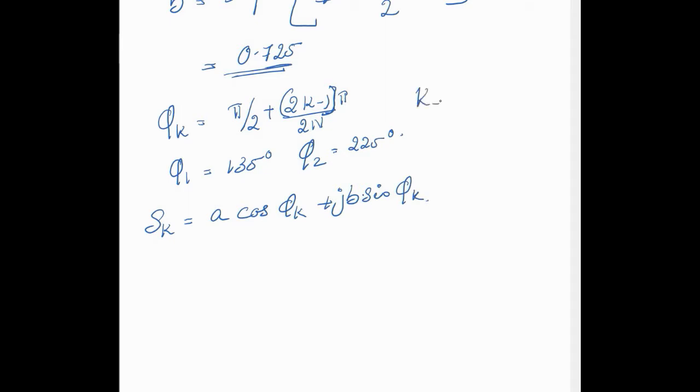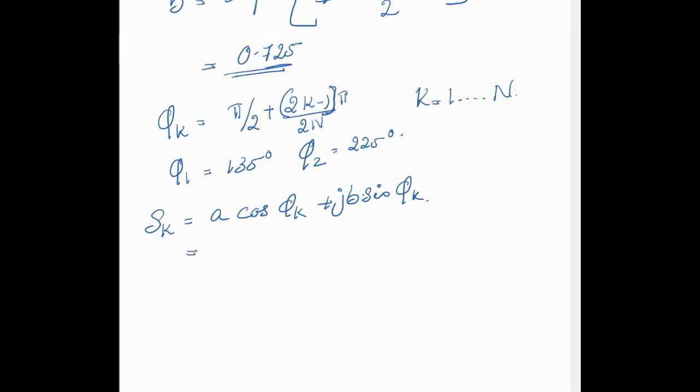The k value varies from 1 to n. So here the n value is 2. For k equal to 1 you will get 135, and for k equal to 2 you will get 225. a cos phi k plus j b sin phi k.